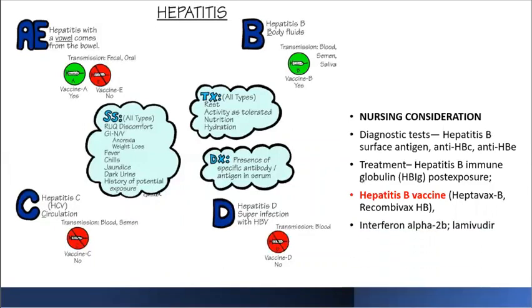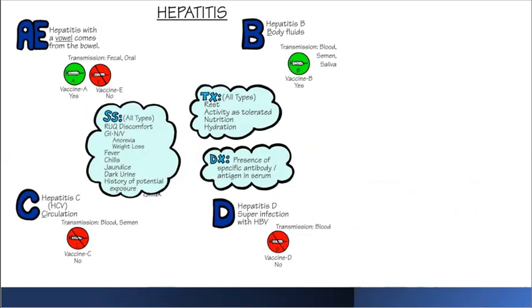We could also give interferon alpha 2B to fight the infection. We can give lamivudine, which is our antiviral medication. And again, we're looking out for those long-term complications like cirrhosis or liver cancer. With hepatitis C, C tells us circulation.